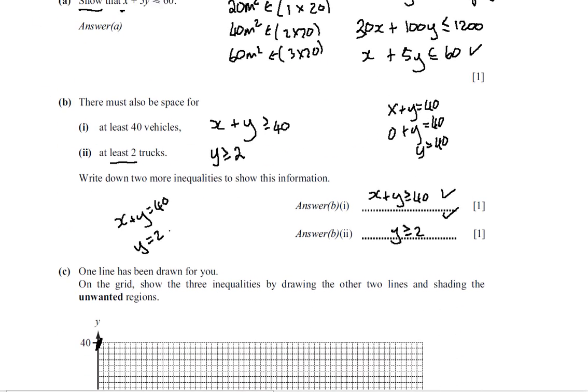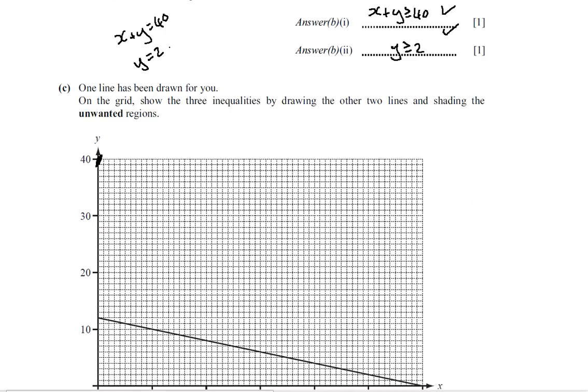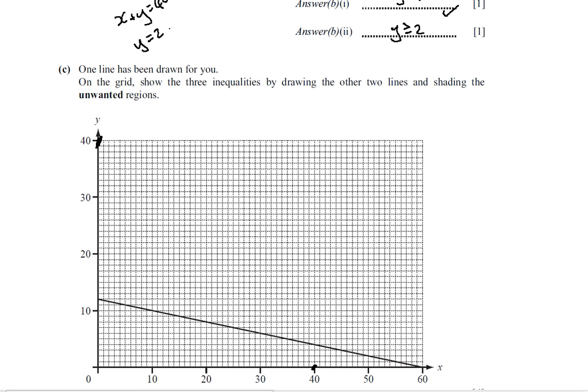And if we want to find out where the x-intercept is, we just make y 0. So where y is 0, x is 40, and that's that point there. So now we can join these 2 points with a straight line.